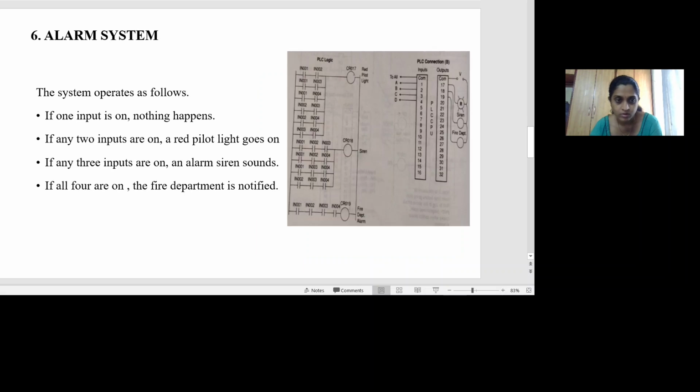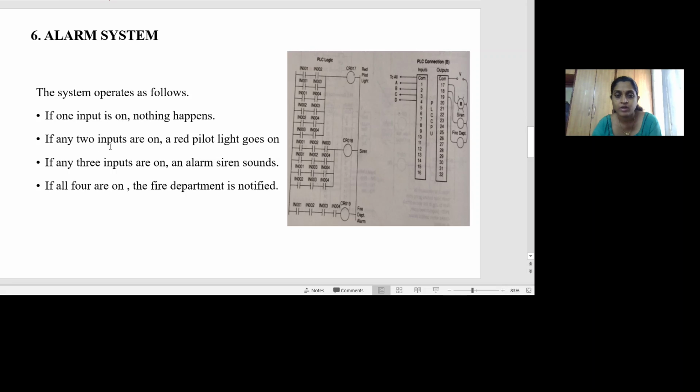So now let's go on to an alarm system. Here I'll first explain the scenario. In this alarm system, there are four inputs. Each input is an emergency input. If one input is on, nothing will happen.